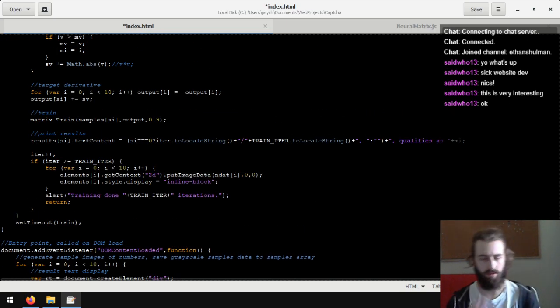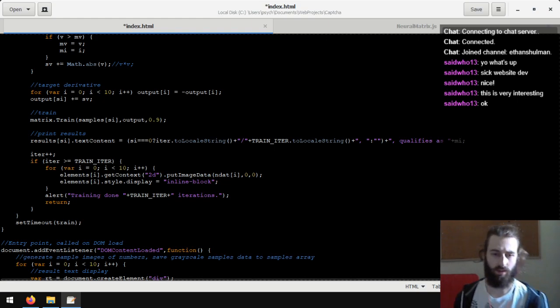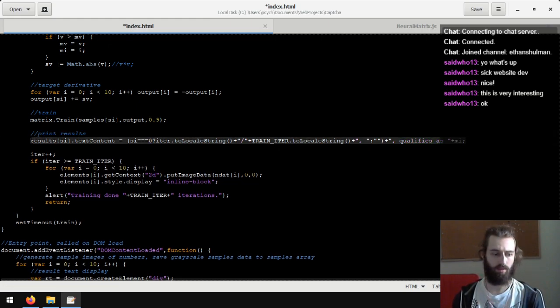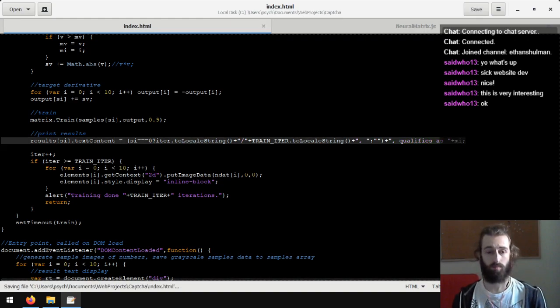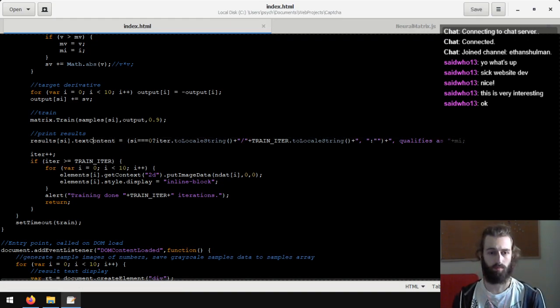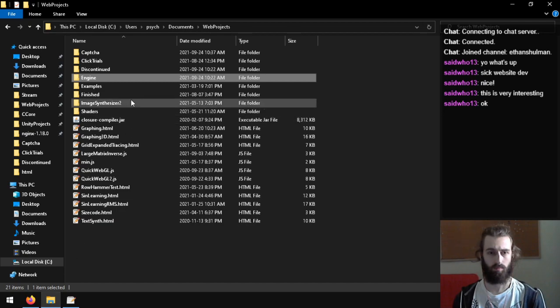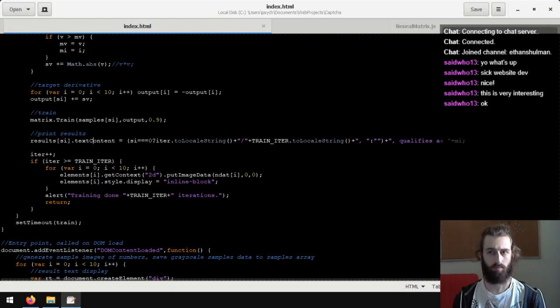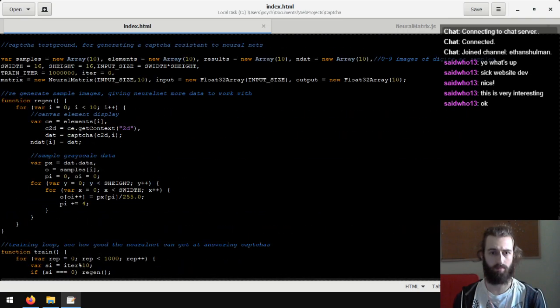Alright, so then when this is done, puts the image data and displays them so you can see all the CAPTCHAs, and then it shows the final result. Okay. So, I think this might work now.